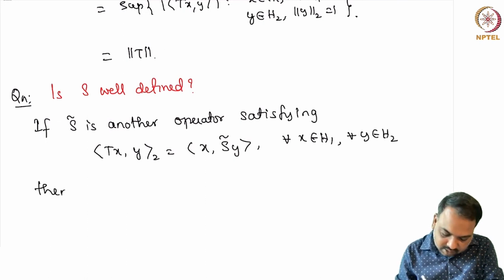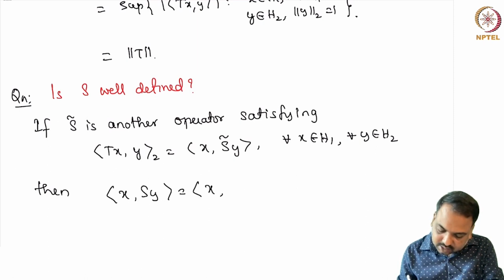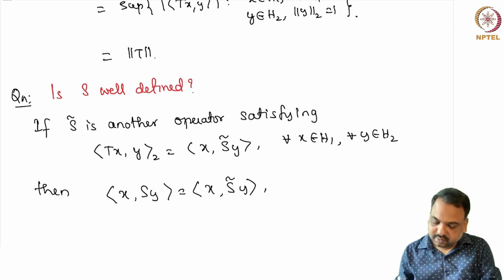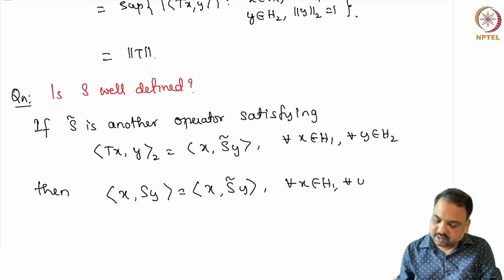Then the inner products of x with Sy and x with S tilde y are the same for every x in H1 and every y in H2.